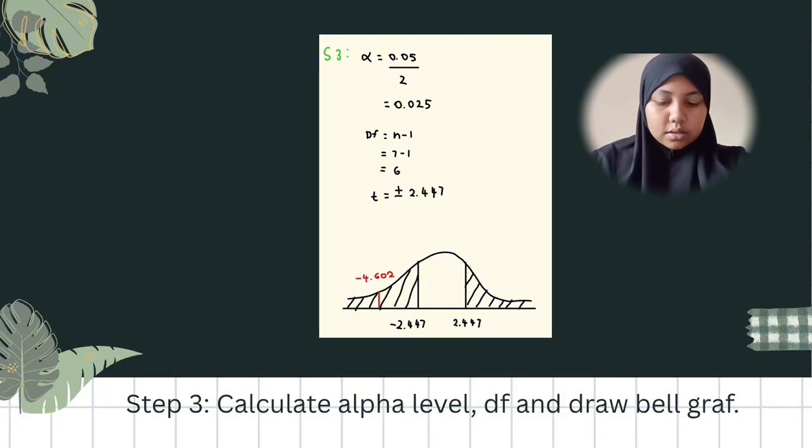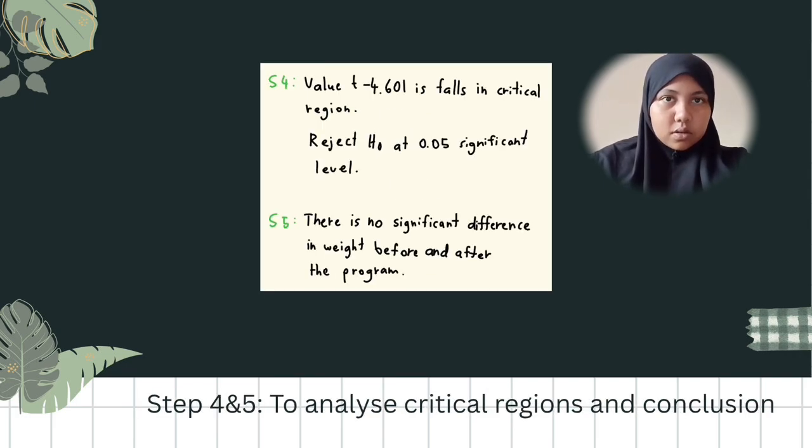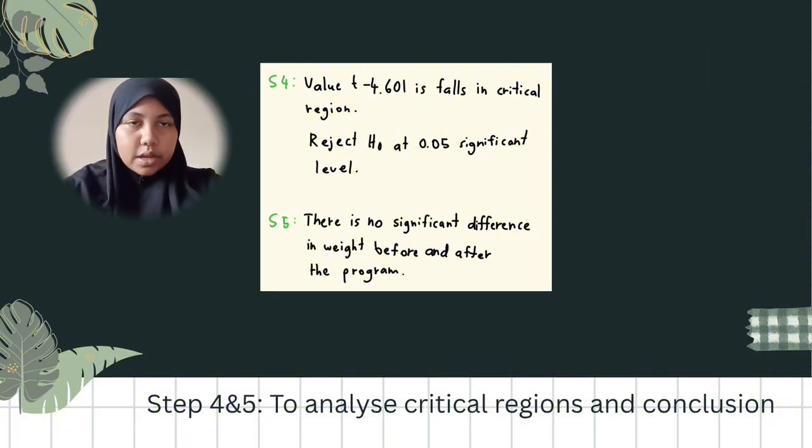After we get the answer, we can refer to the t-table using the DF and alpha level we got. So step 4 is after we have referred to the table, we can draw the normal distribution to see where the answer falls. After that, we see the conclusion.